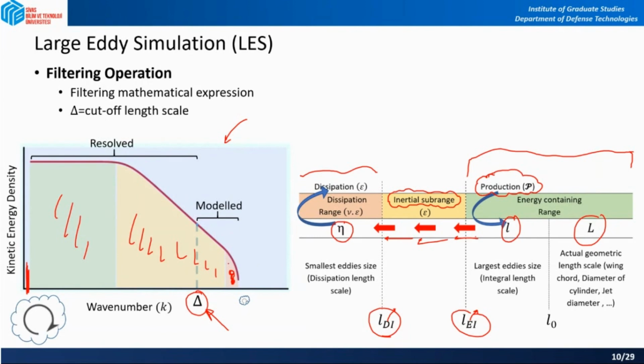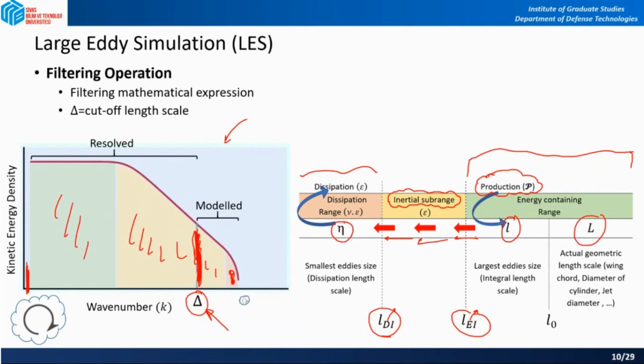So you have to choose it inside the inertial subrange. I chose it, for example, in here. And corresponding to this, if I draw the energy spectrum, energy density versus wave numbers, you remember this. So we have this distribution, and I chose the cutoff length in here.